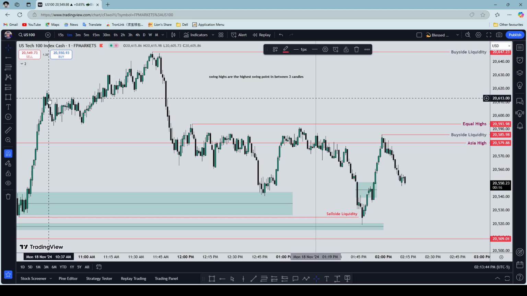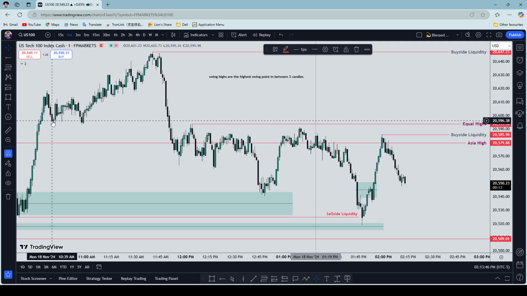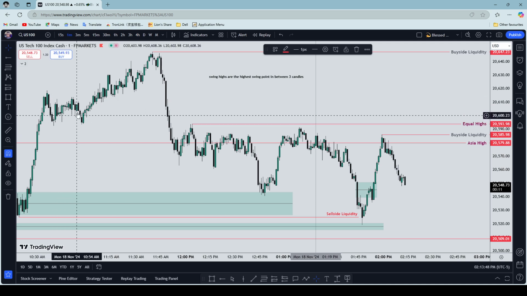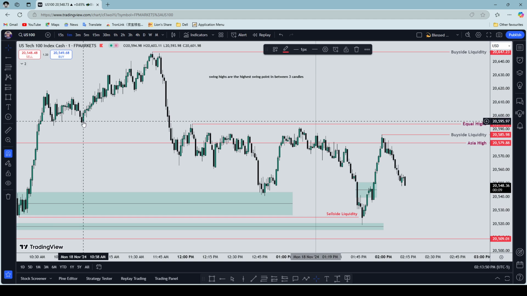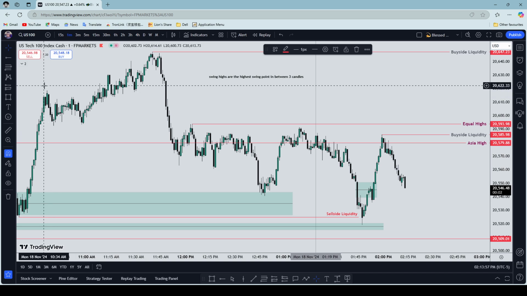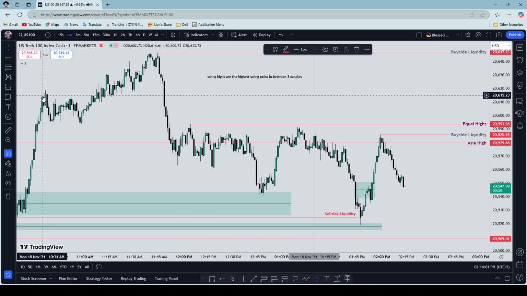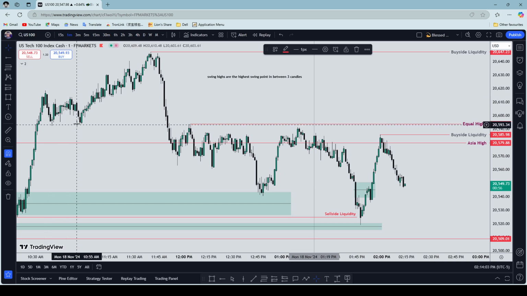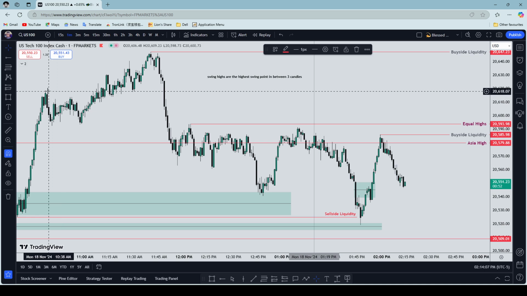After creating the swing high, it drops down, then consolidates for a while, making it look as if it's not actually going anywhere. This is something I'll talk about again later in the future, but not now.